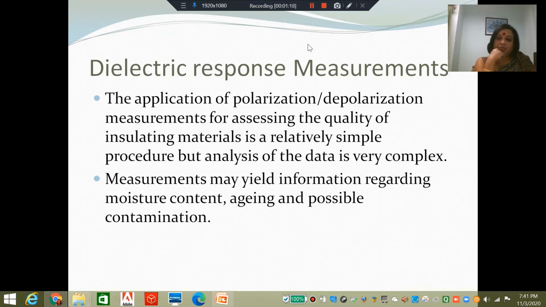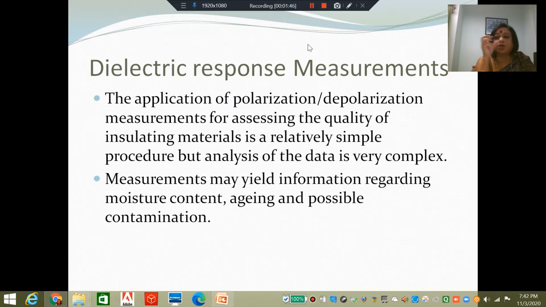However, dielectric response measurements can yield valuable information, for example, regarding the moisture content in the insulation, because moisture can be a problem in insulation. It can cause degradation of the material. It adds a lot of additional losses. So dielectric response measurements can give us an idea about the moisture content, and any possible contamination if you have a lot of impurities.